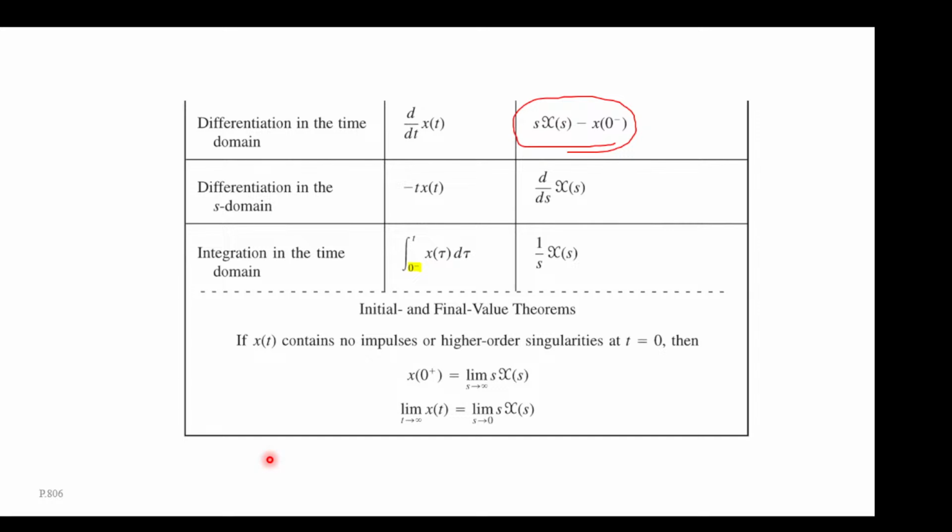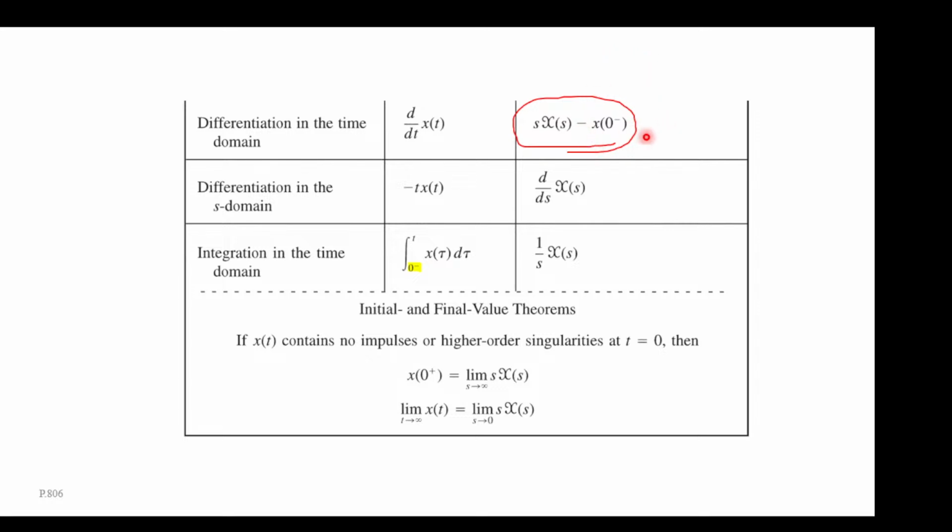And then there is the most important formula here, and it's the most different one. dx/dt will have a unilateral Laplace transform of s times big X of s, minus the boundary term x of 0 minus. We'll do a derivation more carefully later, and we'll see that this is actually the most useful formula, because it helps us solve initial value problems with unilateral Laplace transform.